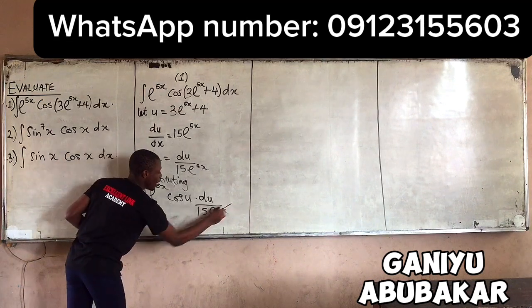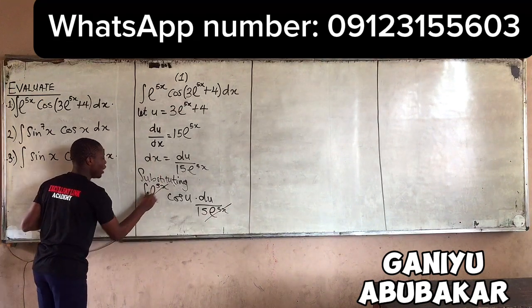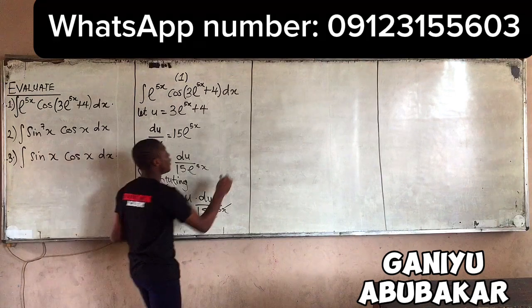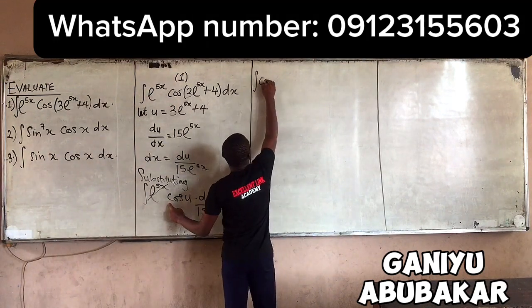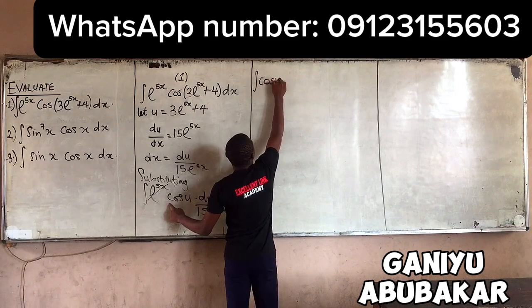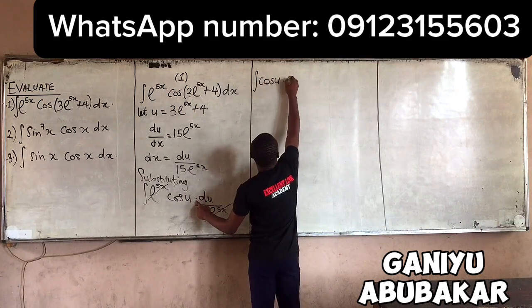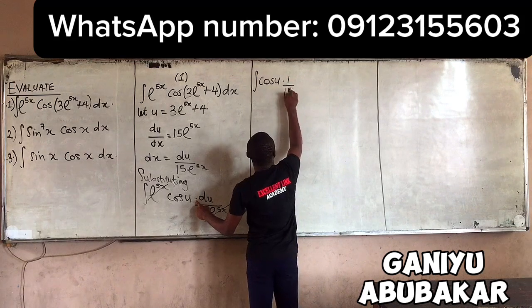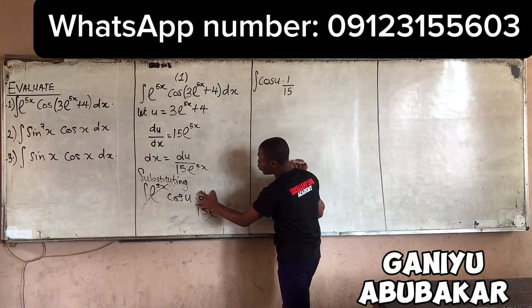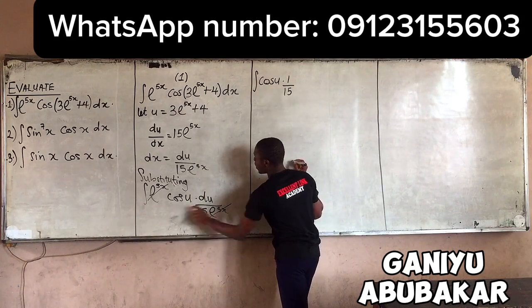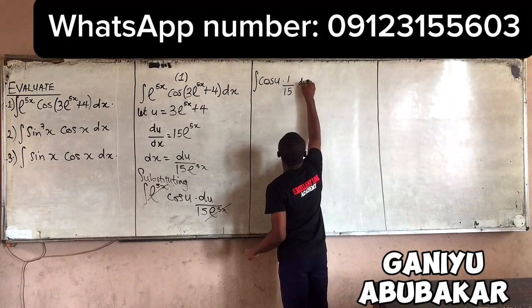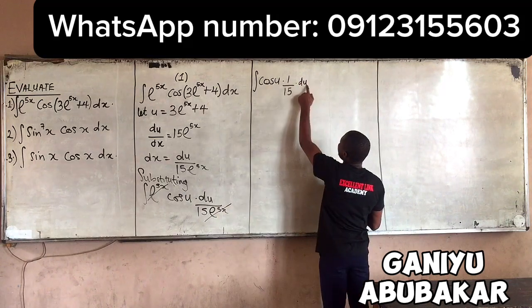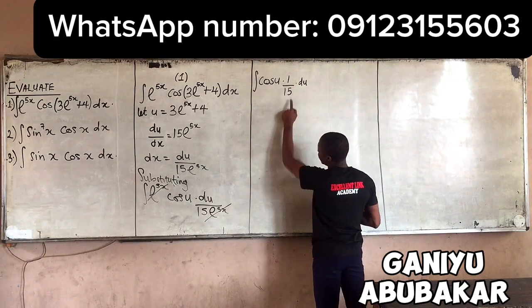Of course, e^(5x) cancels out e^(5x). So I'm left with the integral of cos u, next up, times 1 over 15, du. So it simply means 1 over 15 times du.